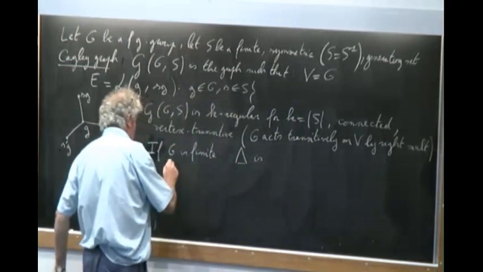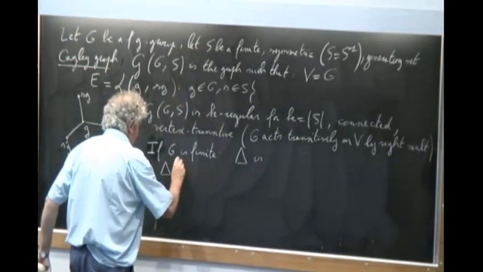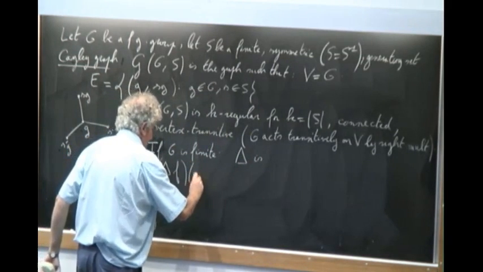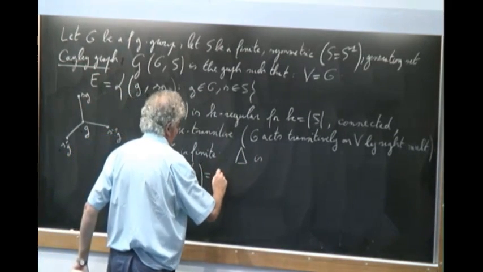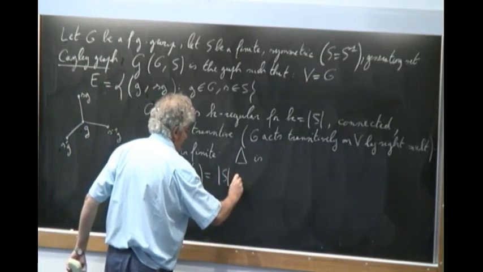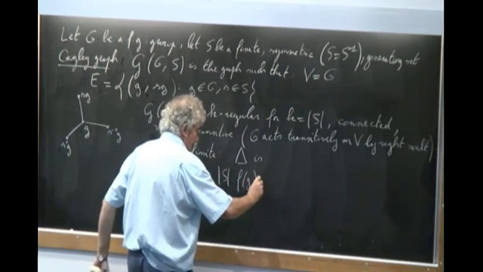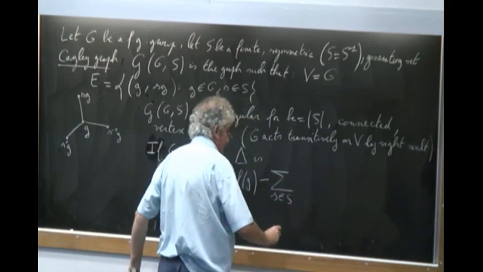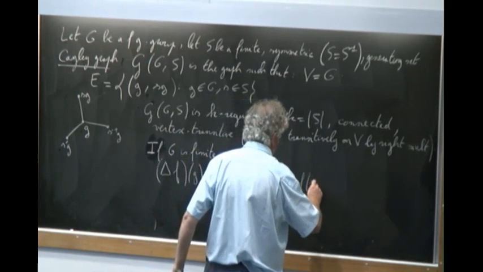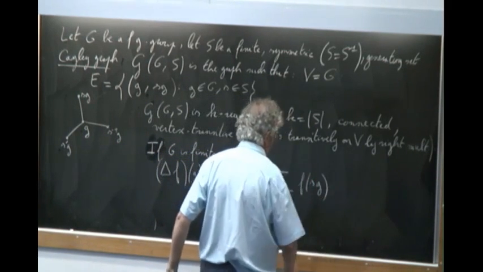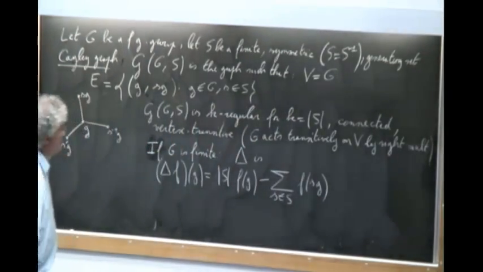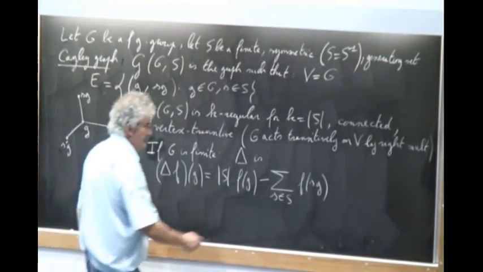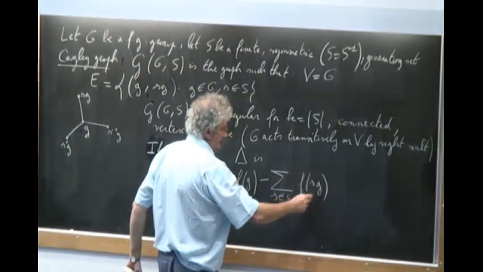What does it do? Well, the Laplace operator at g is the cardinality of S times f of g, minus the sum over generators of f of sg, because neighbors of g are of the form sg.